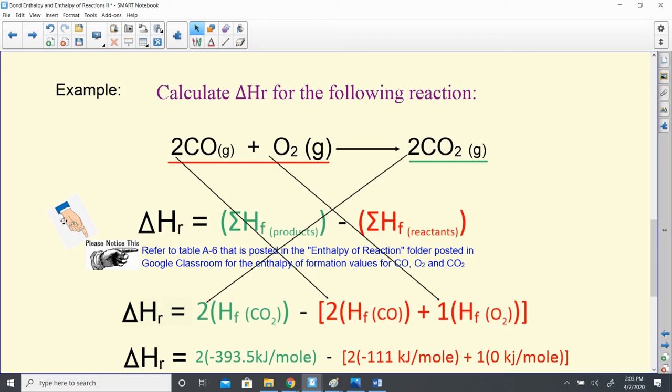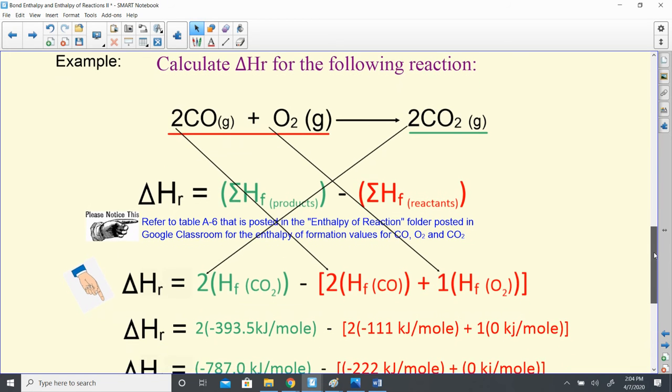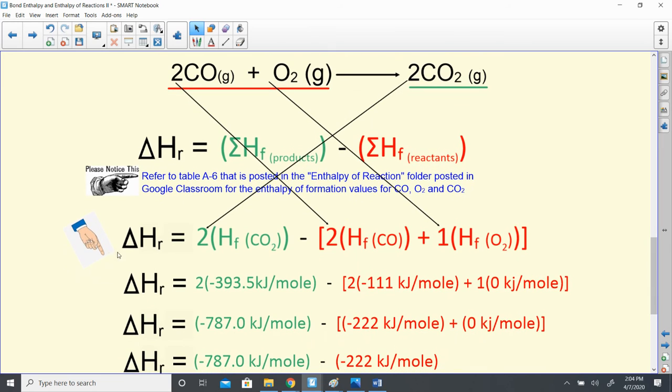So basically, we're going to take the enthalpy of formation for 2 moles of carbon monoxide, 1 mole of oxygen, and we're going to subtract that from 2 moles of CO2. Remember, in this case, it's products minus reactants. Make sure you're paying attention to the state of matter, because the enthalpies of formation are different for each state. So I took 2 times the enthalpy of formation of carbon dioxide, which is negative 393.5.